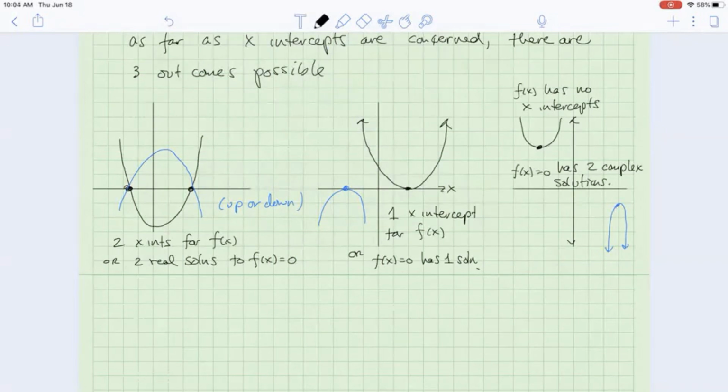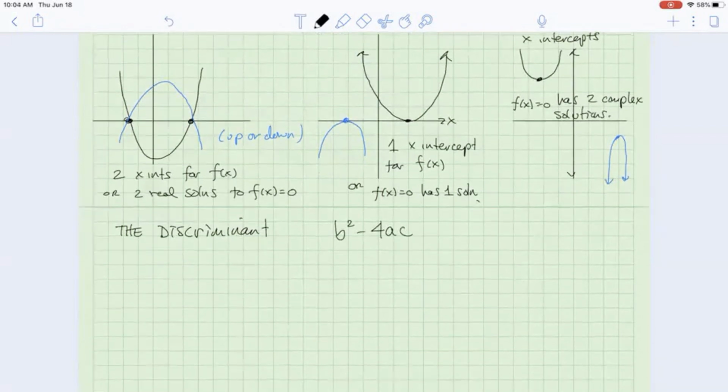So how can we tell which scenario we're in? Well, actually, all of that is related to the quadratic formula and what's called the discriminant. So let's talk about what's called the discriminant. The discriminant is the part of the quadratic formula underneath the radical.